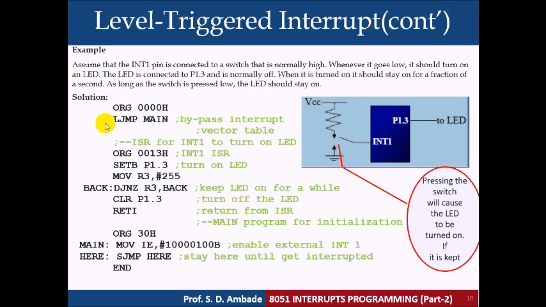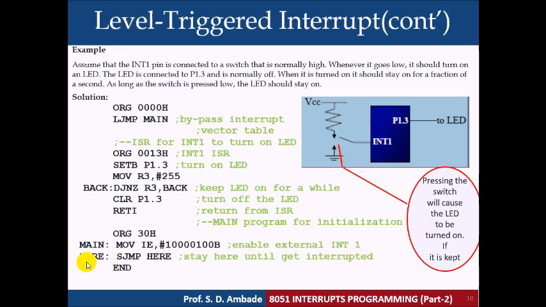ORG 00H. LJMP main is to bypass the interrupt vector table. This is our main program. MOV IE, #10001000B. This is for global interrupt enable 1, and this bit is related to the external interrupt INT1. SJMP here, stay here until interrupted.